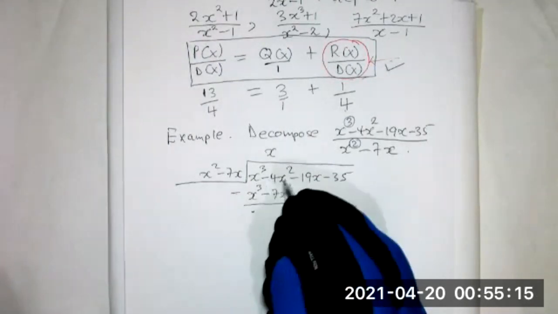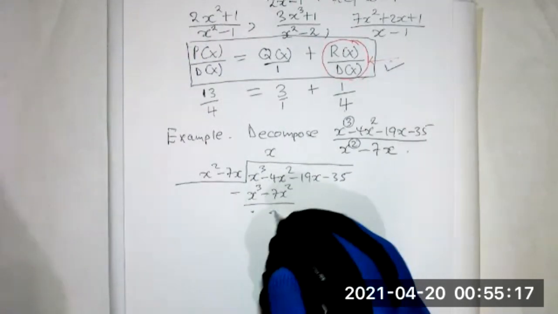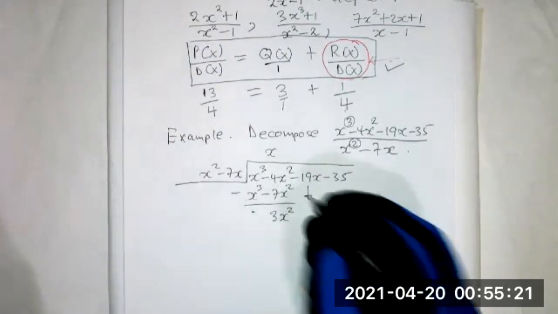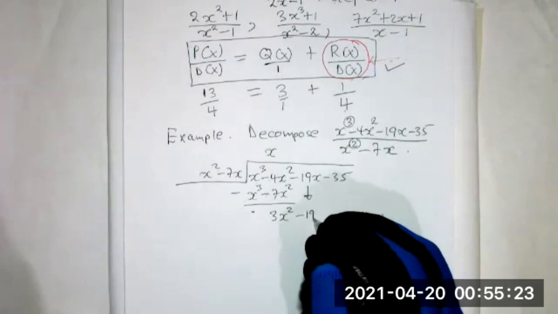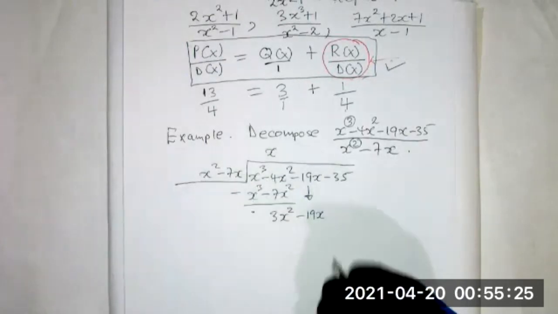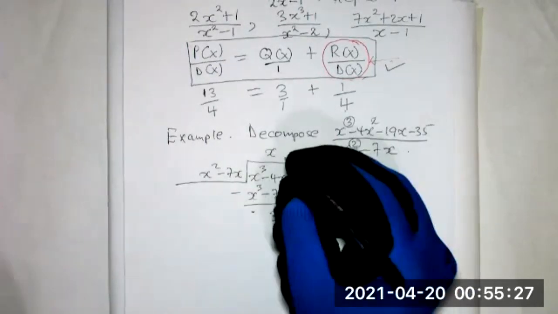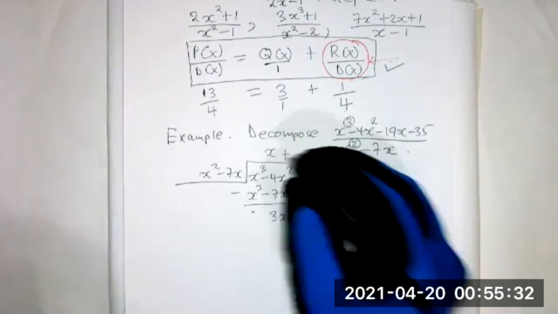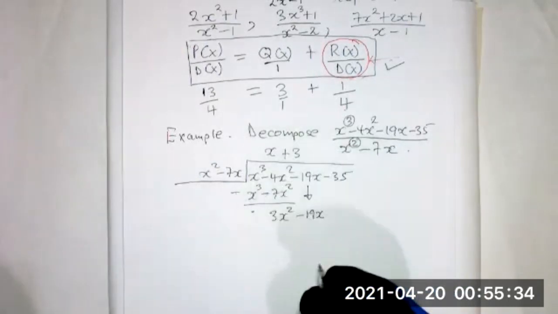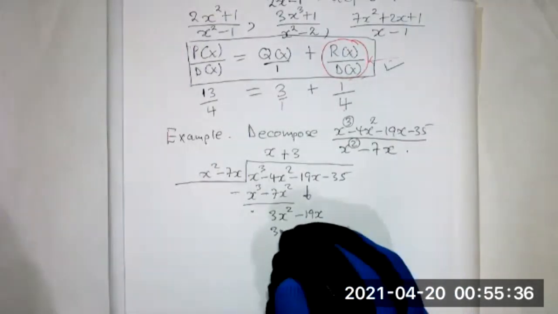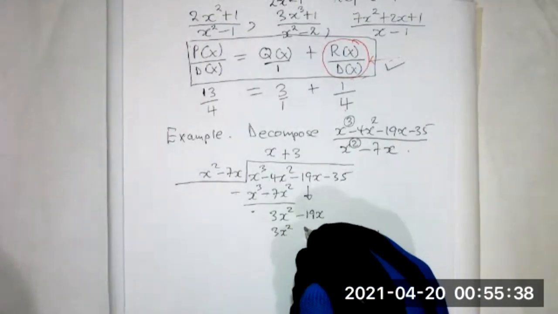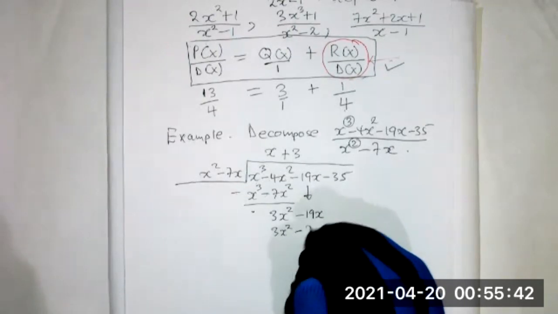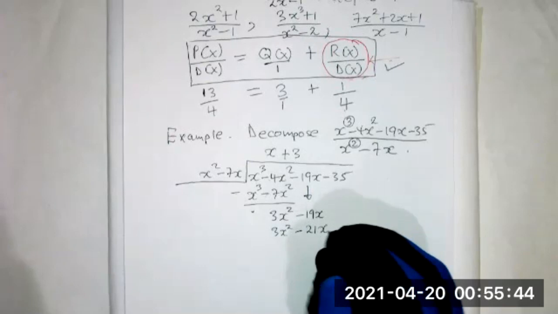So that will give us minus 4x plus 7, that is 3x squared. We can bring the minus 19 down, minus 19x. X squared into 3x, that is plus 3. Is that plus 3? Yes, it's plus 3. 3 times x squared is 3x squared minus 21x.